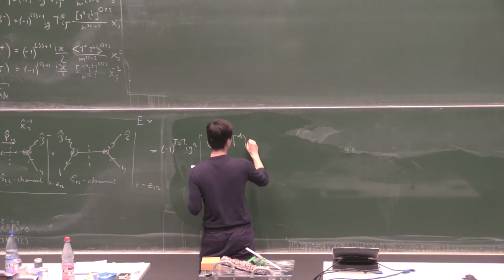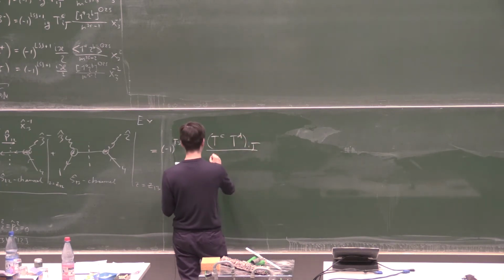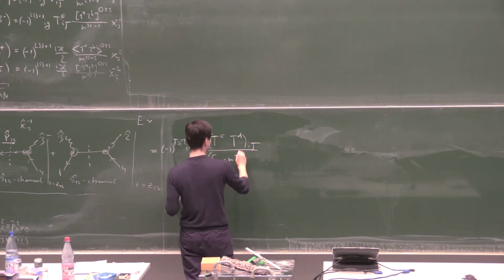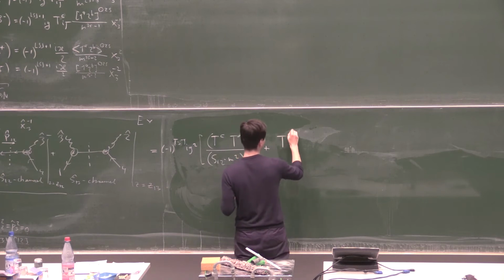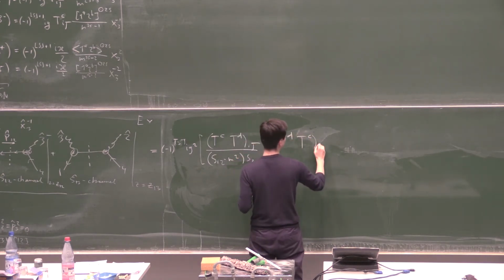TCTD. So this is the one I computed explicitly. And that's the one you can compute in your free time.